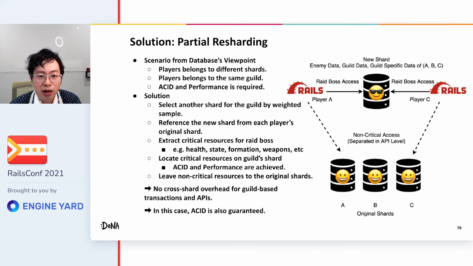This achieves ACID and performance because the number of involved shards is only 1 for transactions. We can leave the non-critical resources to the original shards. This way, there is no cross-shard overhead for guild-based transactions and APIs, and ACID is also guaranteed.